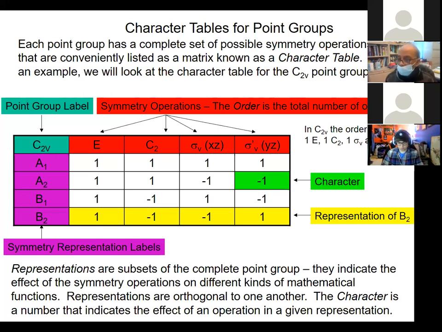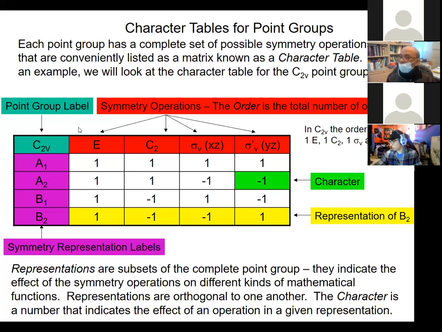That should be good for you, at least for those of you who did not have a good understanding of the point groups. That would be a good starting point. So, for example, if you have a water molecule, you will have a point group of C2V. So, this is the point group label. All tables will have the point group label situated in the left-hand side top column, at the top entry.